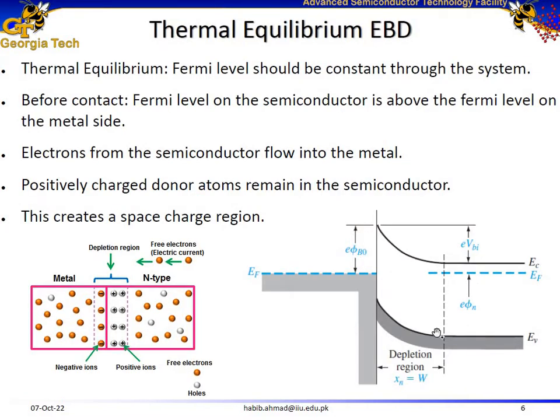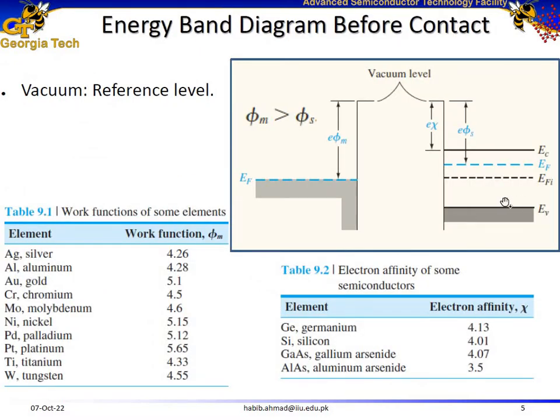Now what happens if we bring together the metal and the semiconductor? As we know, under thermal equilibrium, which means under no applied bias, the Fermi energy level should be constant. This is our EF. It should be constant, as compared to the previous figure where the Fermi level of the semiconductor is higher than the Fermi level of the metal.